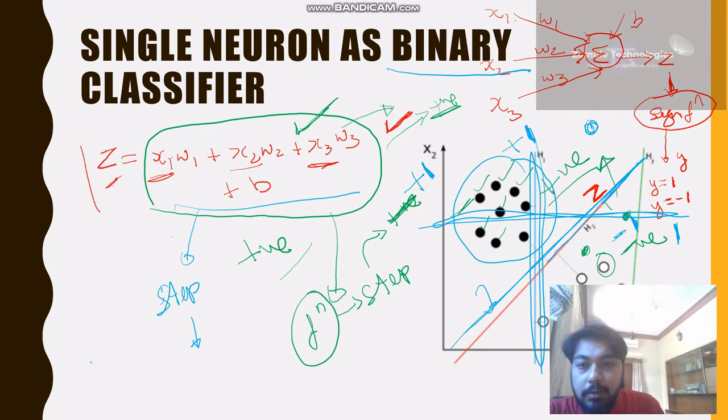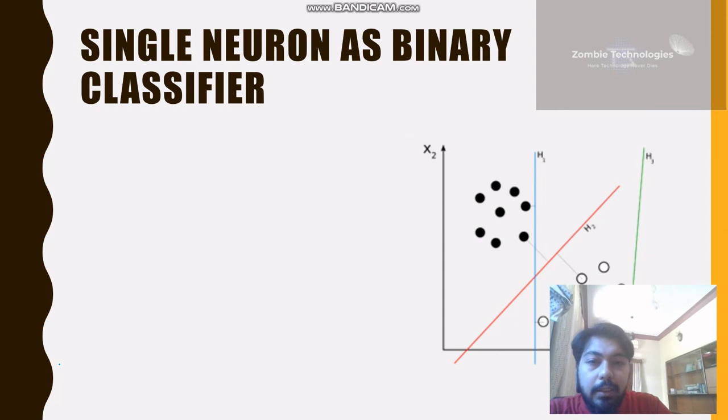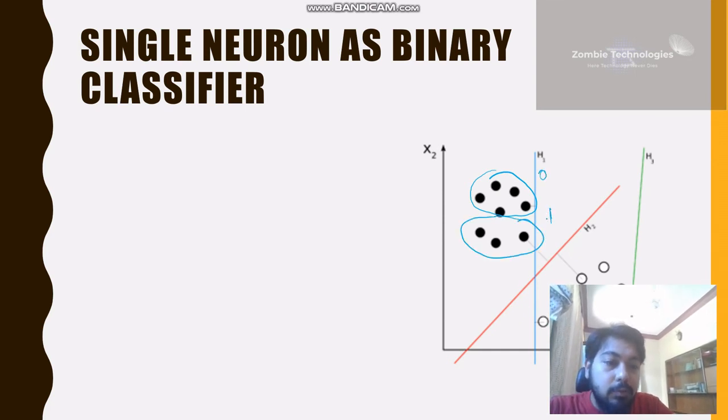Let's say again, this is a single neuron which is doing the classification. I want to classify these points separately as group 0, these points separately as group 1, and so on.